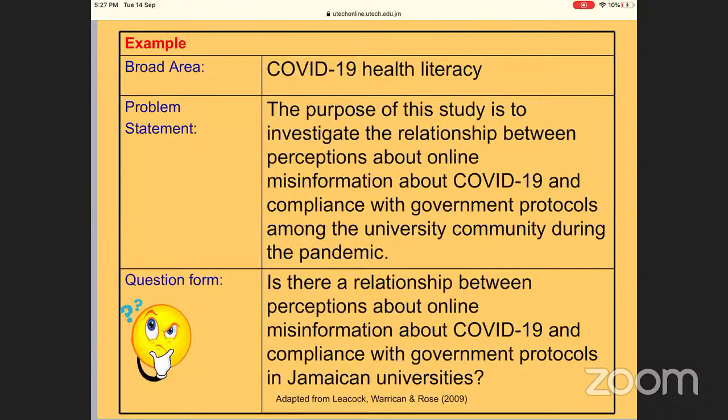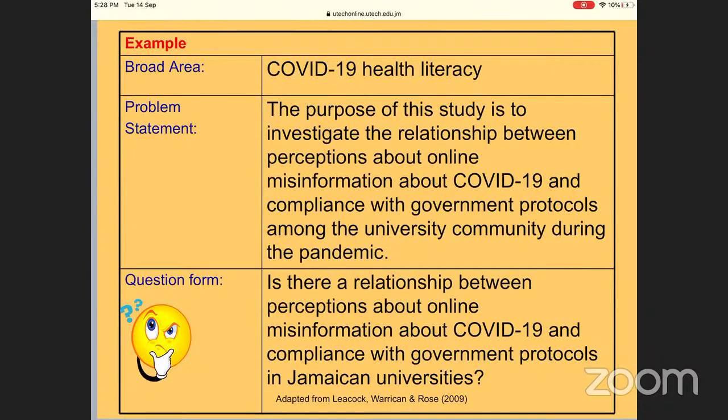So can anybody tell me if a questionnaire is quantitative or qualitative? As in a questionnaire about perception about online misinformation. What was the answer? Quantitative. Yeah, it's quantitative. So actually perceptions about online misinformation could be qualitative or quantitative. But if you do it by a questionnaire, it's definitely quantitative. And for those who don't get it, let me not answer my own question.